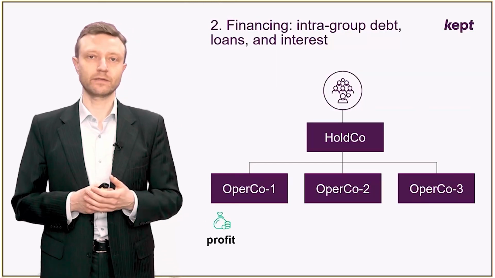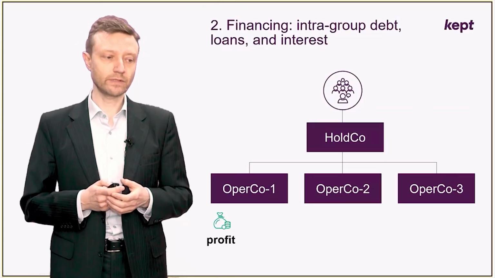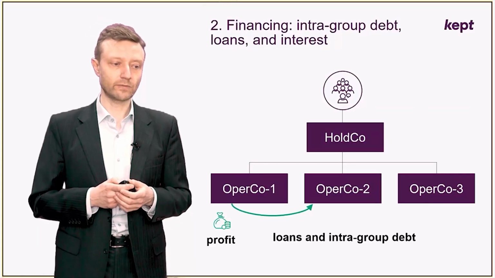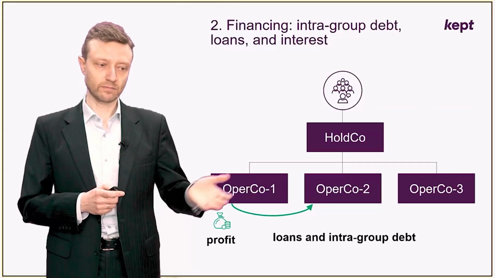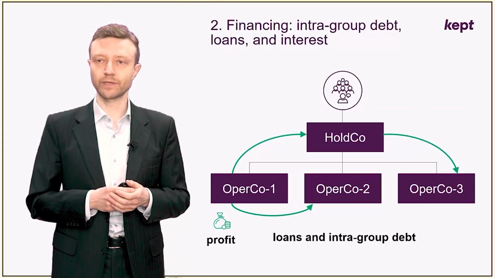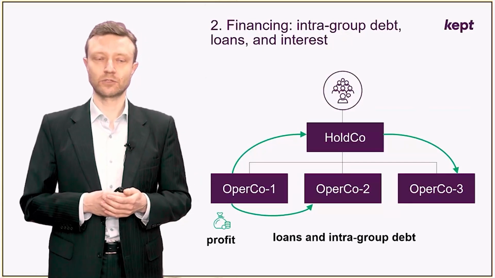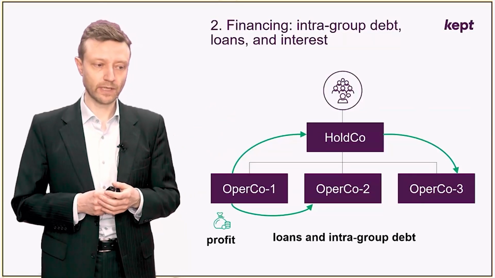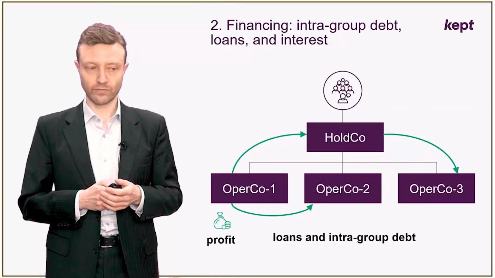Again, as in the previous example, the operating company generated profits, and instead of declaring dividends and distributing them to the holding company, it may directly provide loans to the companies that require financing, for example, the operating company 2, or the holding company can act as an intermediary in intra-group financing, in which case, as is shown on the slides, the operating company first provides loans to the holding company, which then in turn lends these funds to the operating company 3.